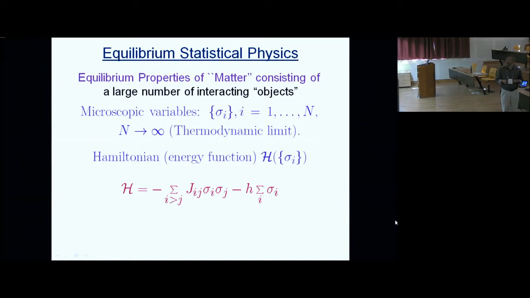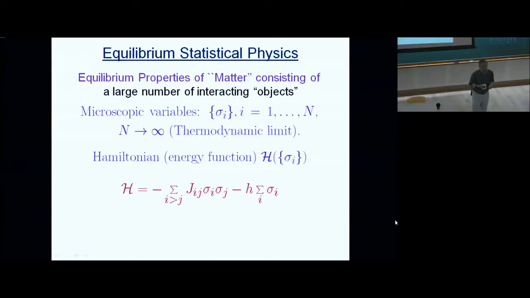And generally, to study the system, its macroscopic properties, what one starts with is this microscopic description in terms of some kind of a Hamiltonian of the system, an energy function of the system. It tells us about, first of all, what are the different sources of energy, kinetic energy, potential energy, etc. And one assumes that that is known.